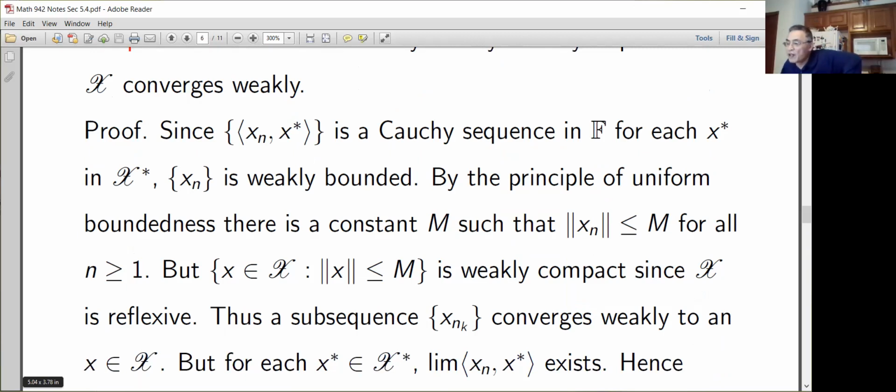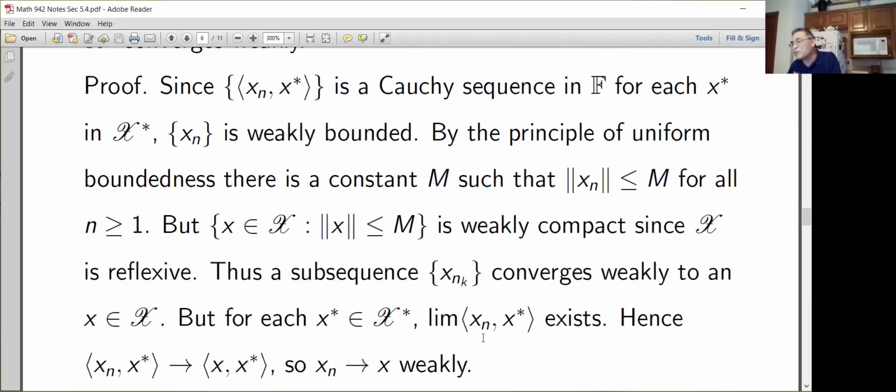So for each X star in X star, the sequence of scalars converges, so the limit exists, because we know this is a Cauchy sequence. First we know the limit exists.